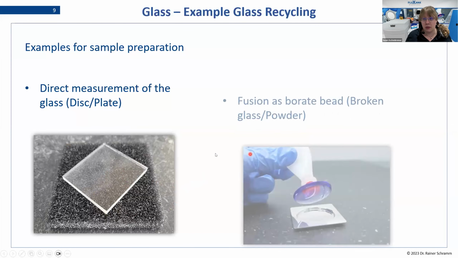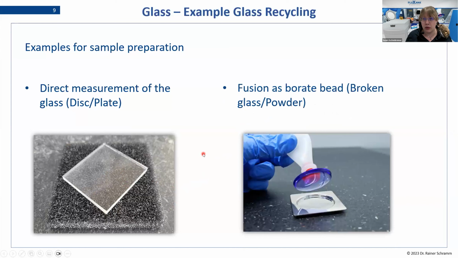Another possibility, when you have broken glass or powder, is fusion as a borate bead. In this case, the glass powder or broken piece is mixed with another glass-building material, then fused at a very high temperature to become this kind of disc-shaped glass bead, and then it is measured like this.